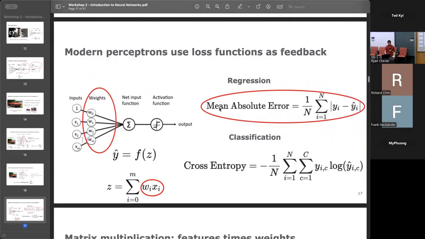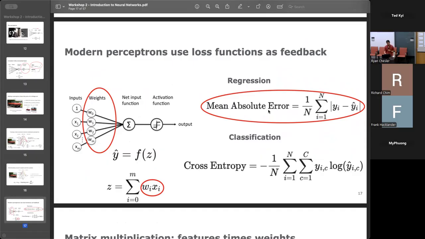In the first one, we were looking at mean absolute error, which is one of the common loss functions. You need some way to grade, is the model good, is the model bad, and what number do we minimize in order to get better performance? Mean absolute error is a good one for regression.